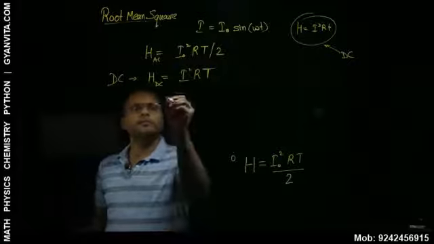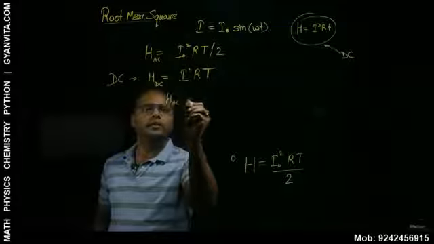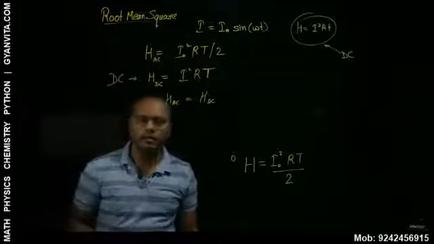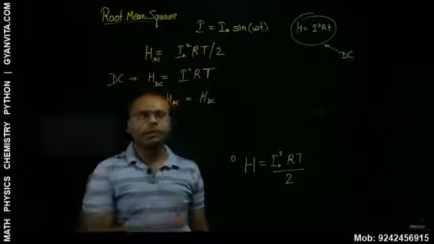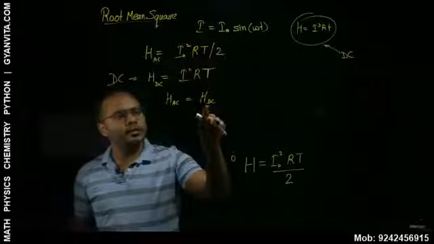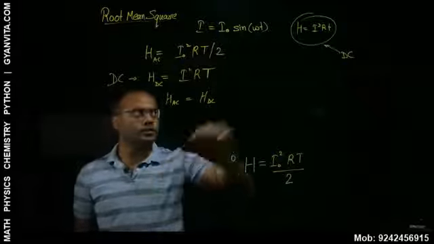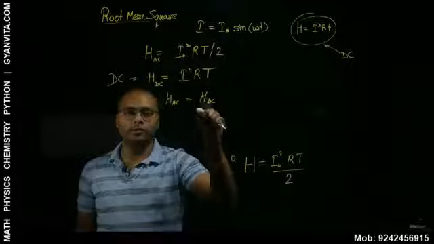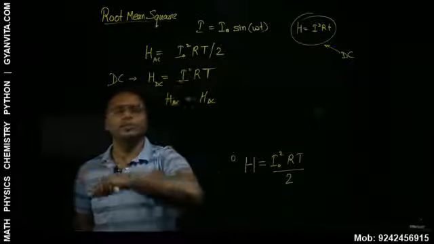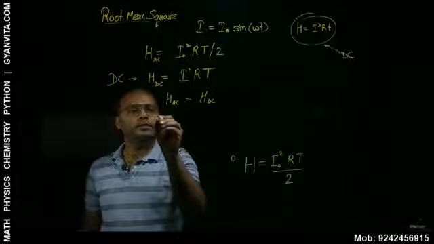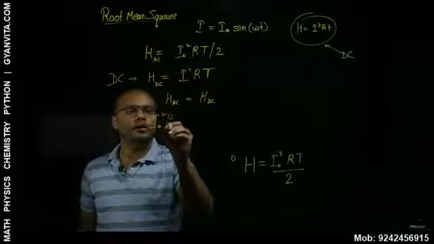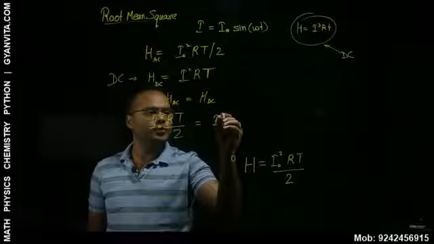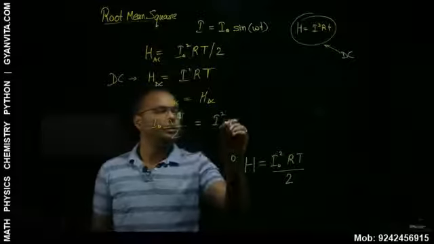That means heat produced by AC in one cycle has to be equal to heat produced by DC in the same cycle, or same amount of time. And the current which is required for this, because that is a DC current, I can easily find out, and that value of current will be called the IRMS of this. So that means I naught square into RT by 2 is equal to I square into RT.